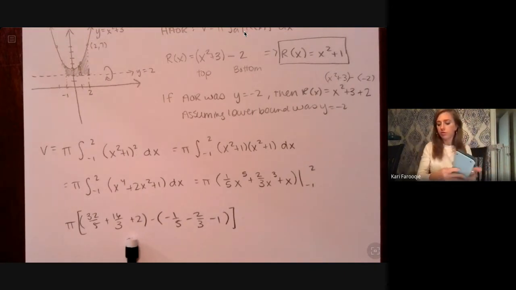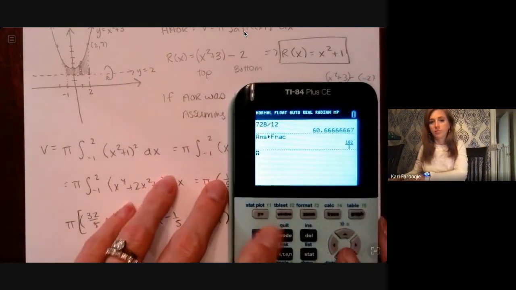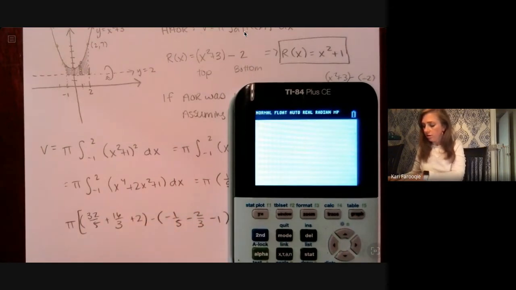All right, 32/5. I'll do this with you. Let's see. 32/5 plus 16/3 plus 2 plus 1/5 plus 2/3 plus 1. Moment of truth: 78/5 pi.